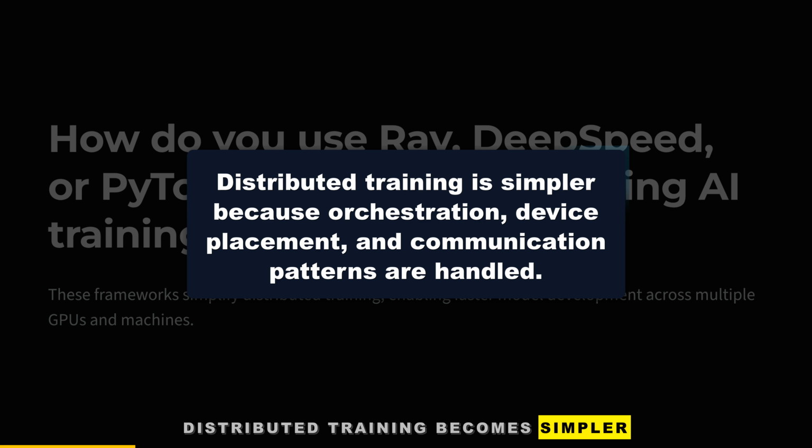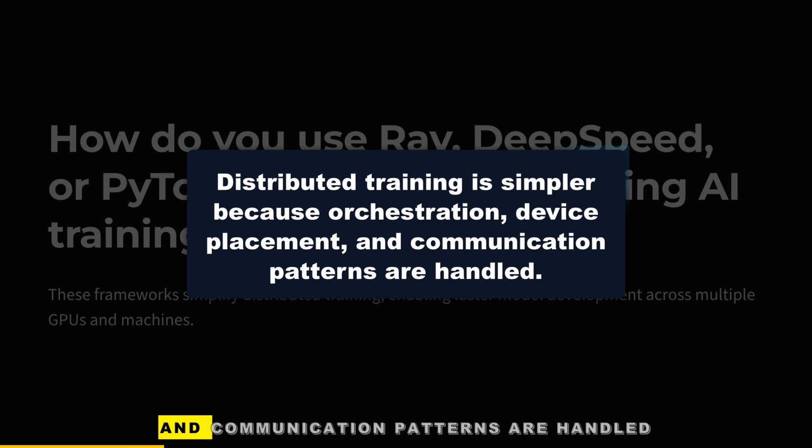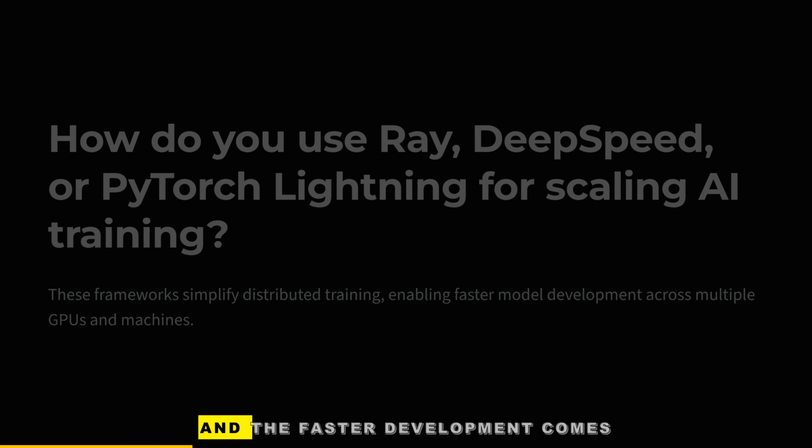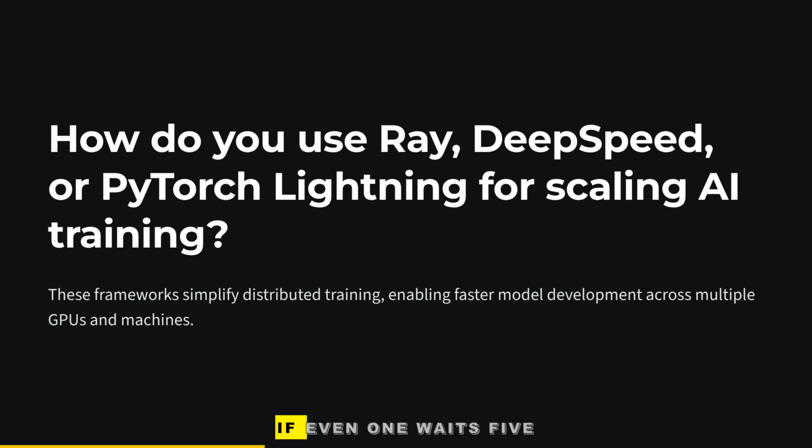Distributed training becomes simpler because orchestration, device placement, and communication patterns are handled behind the scenes. And faster development comes from letting each GPU work like a focused cook in a well-organized kitchen. If even one waits 5 or 10 milliseconds for instructions, throughput drops.